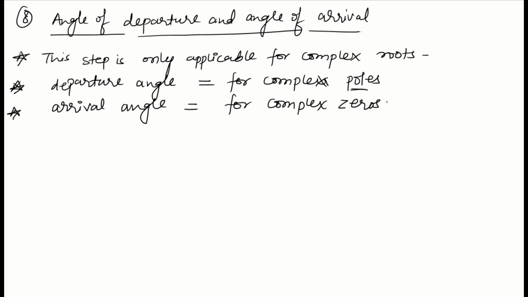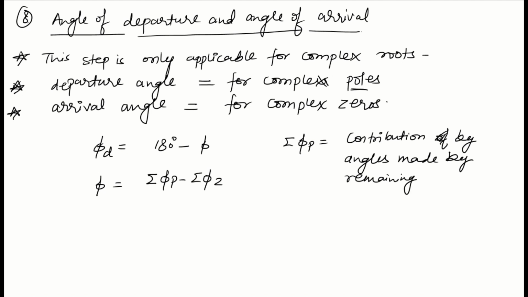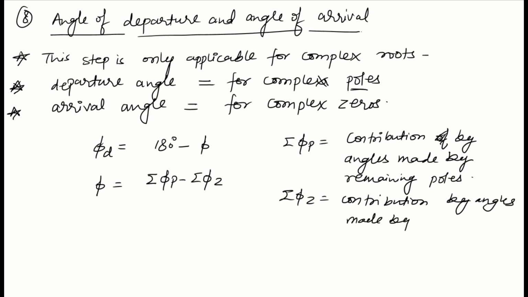Now, to calculate the departure angle, let us suppose the departure angle is phi d. It is given by 180 degrees minus phi, where phi is summation phi p minus summation phi z, where summation phi p is the contribution by angles made by the remaining open loop poles, and summation phi z is the contribution by angles made by the remaining open loop zeros.